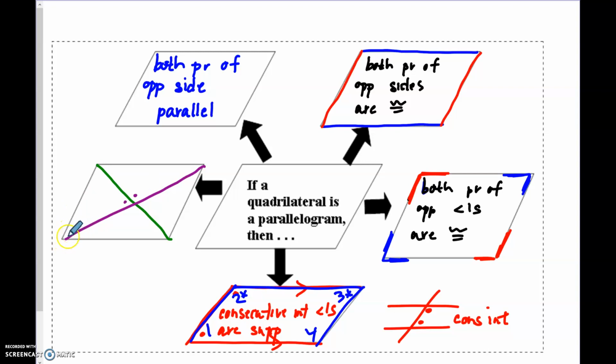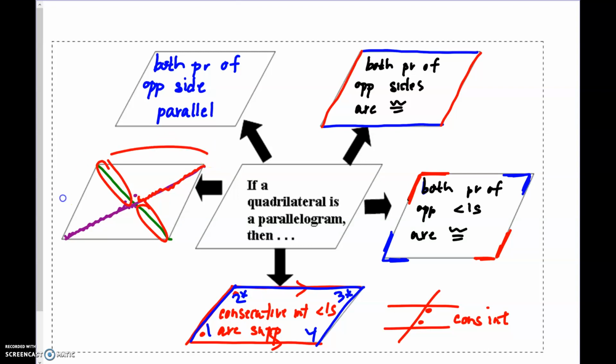What do you think would happen if we measured the length of this, and then we measured the length of this right here? Is the green diagonal cutting that purple diagonal in half? Well, what do you think's happening? Is the purple diagonal cutting the green diagonal in half?